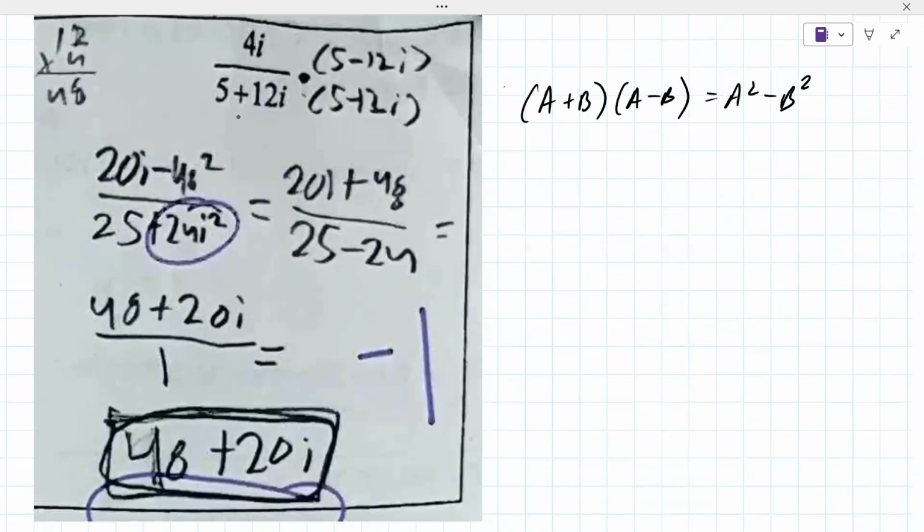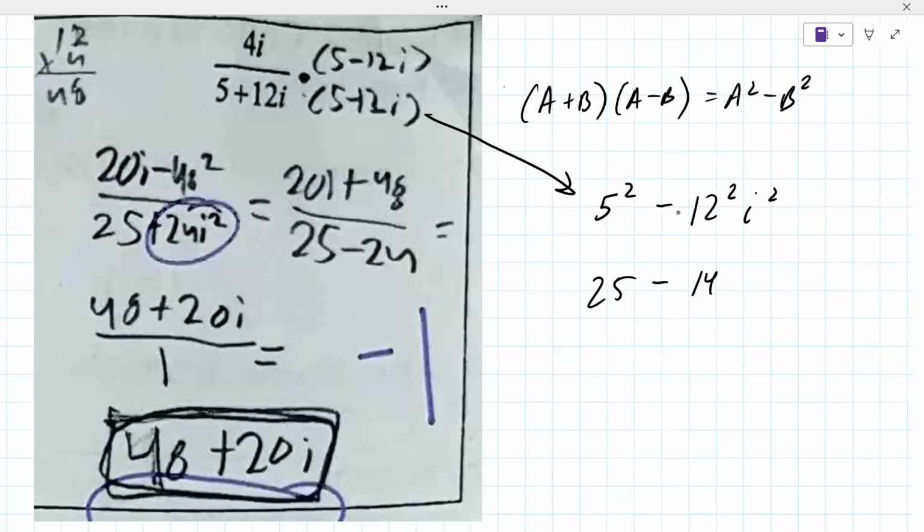So this line right here should be 5 squared minus 12 squared i squared, and you doubled it. 12 squared is 144. I'm sorry, it's plus. No, I'm sorry, this should be a minus. That's also part of the issue. That should be a minus.